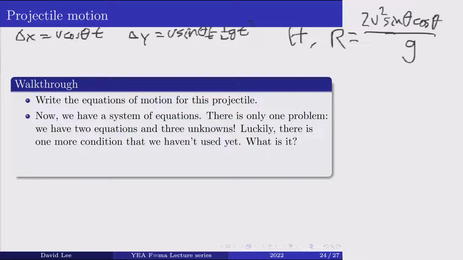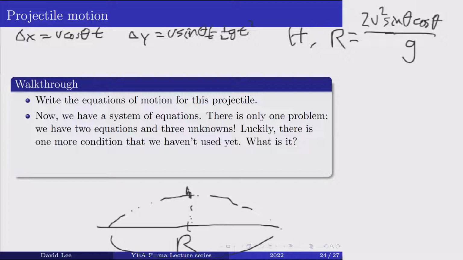X equals r over 2. Yes, that is correct. I guess that's one way of solving it, which is if you look at the path the projectile takes, well, this is symmetric, right? So if this is R, then the maximum height, the vertex here, must be at R over 2.